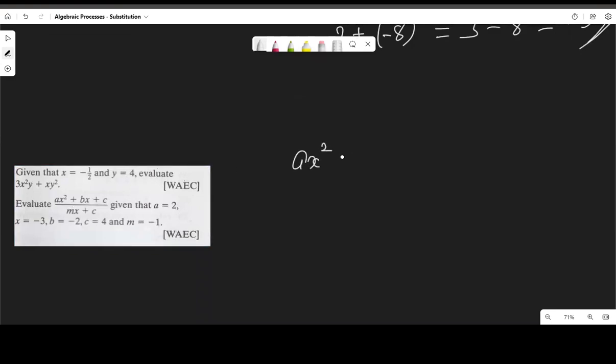The second question says, evaluate ax squared plus bx plus c over mx plus c.